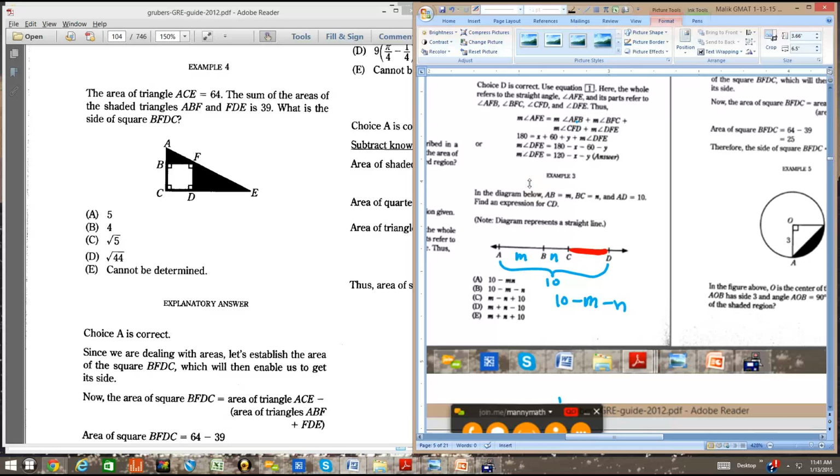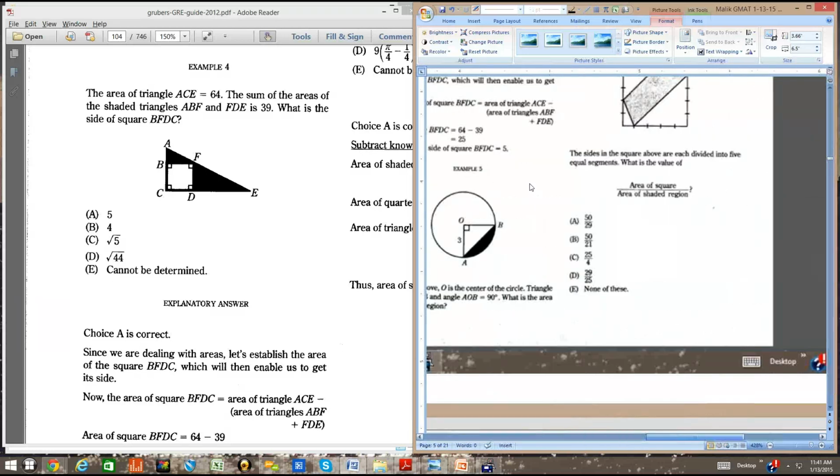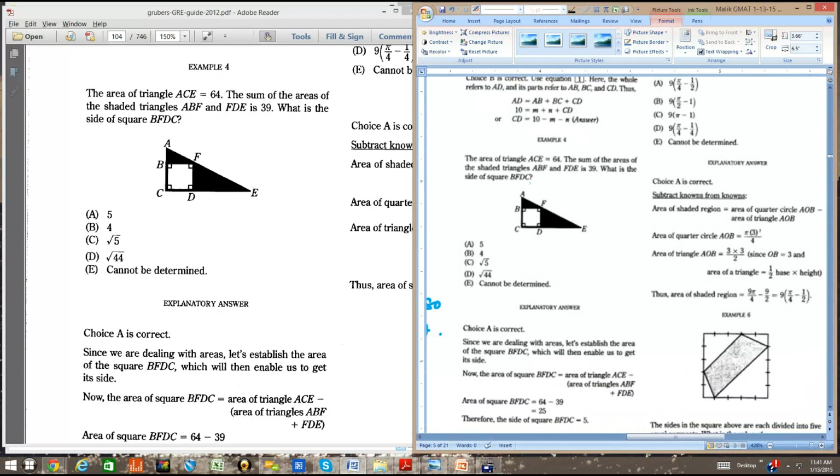So it's very important to know the fastest possible way, and how to think through it, how to break it down. Example 4, the area of triangle ACE equals 64.